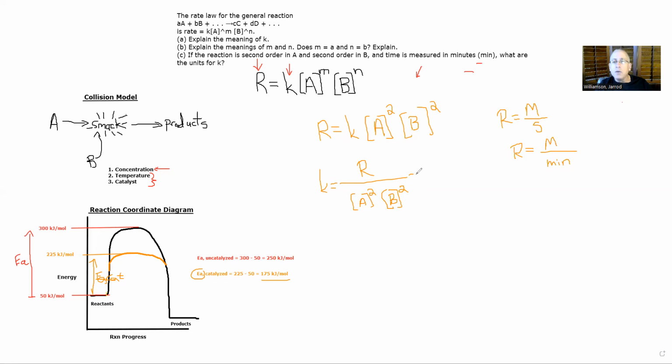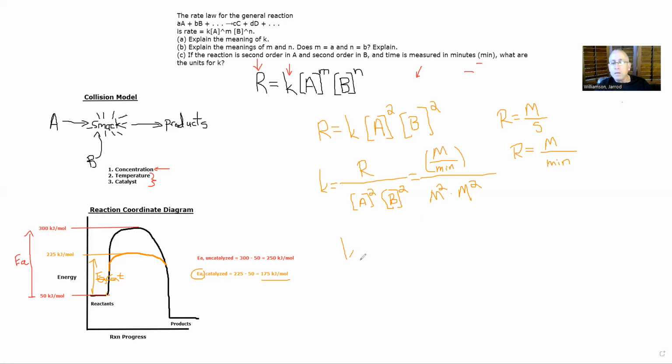And then I put in the units. This will be molarity per minute. A has units of molarity, and that'll be molarity squared. B has units of molarity, so that'll be molarity squared.